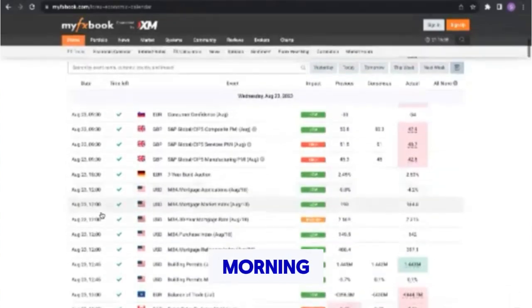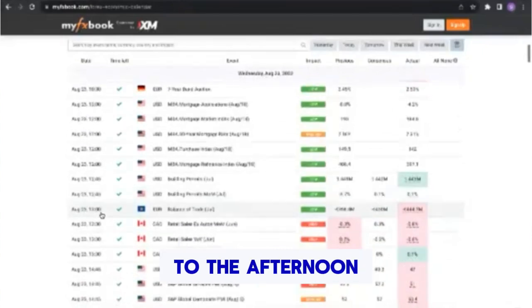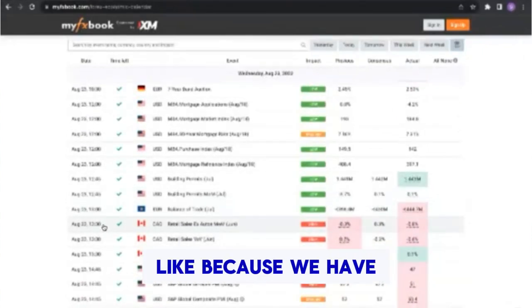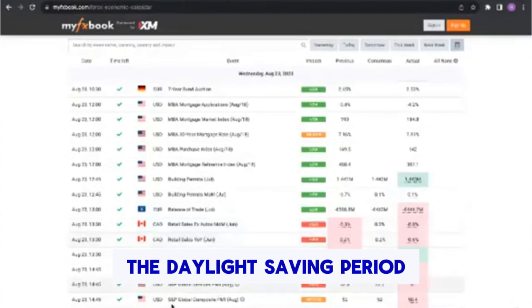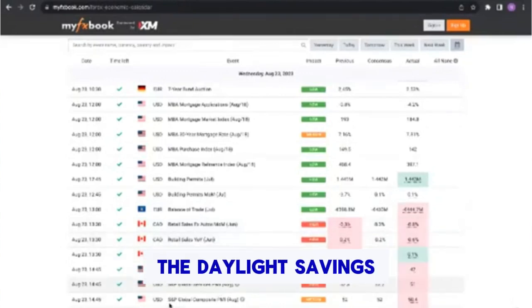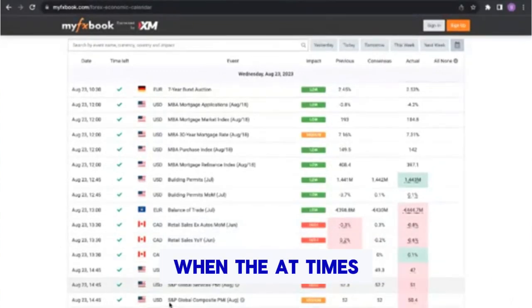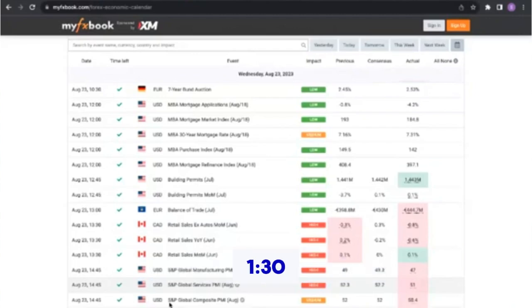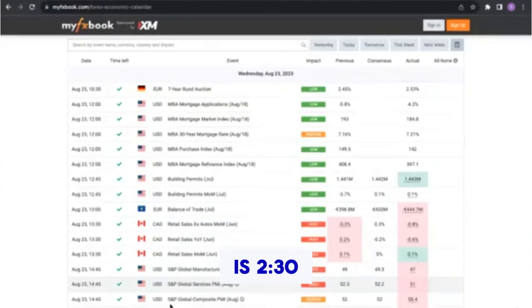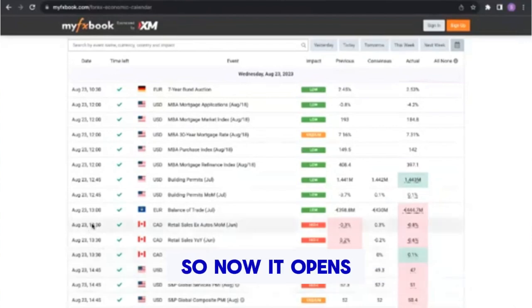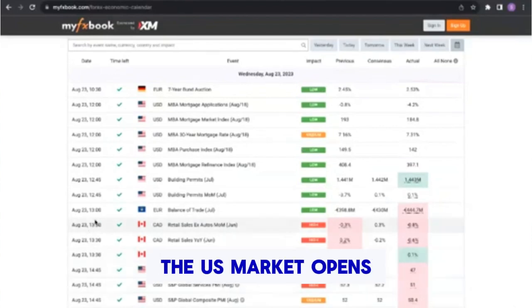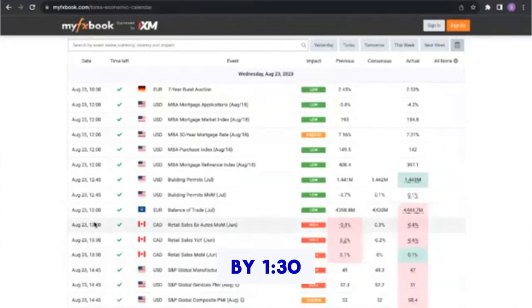Now, because we have the daylight saving period, at times the market opens at 1:30 and at times it is 2:30, based on the daylight saving period. So the US market opens by 1:30 in a day.